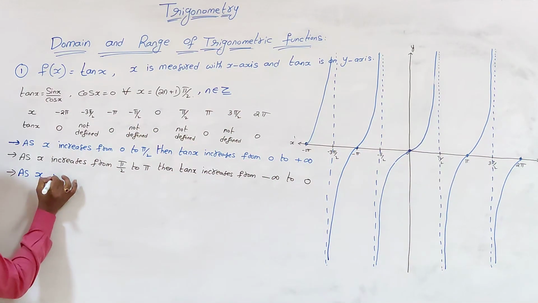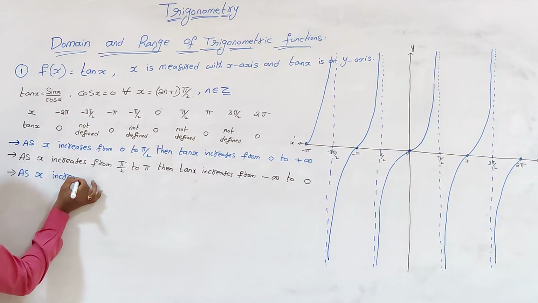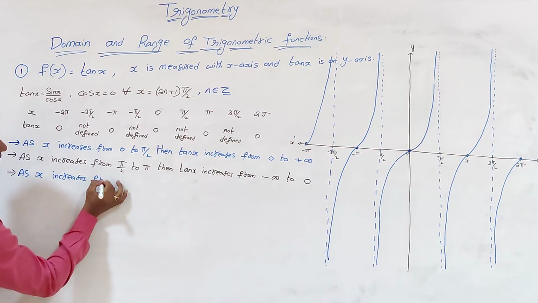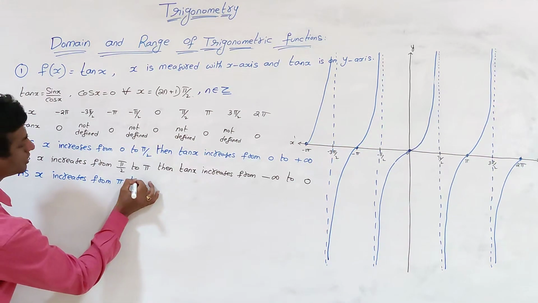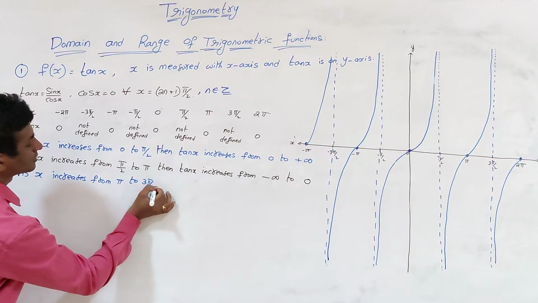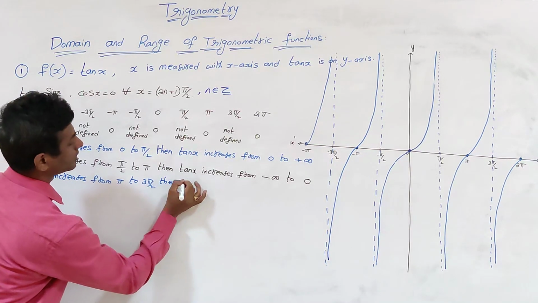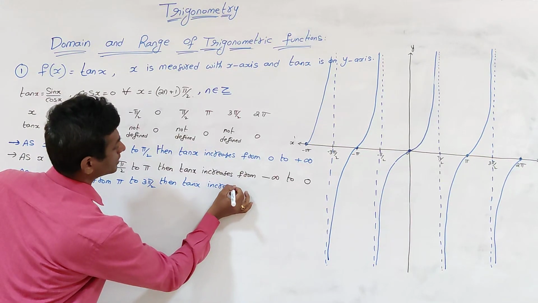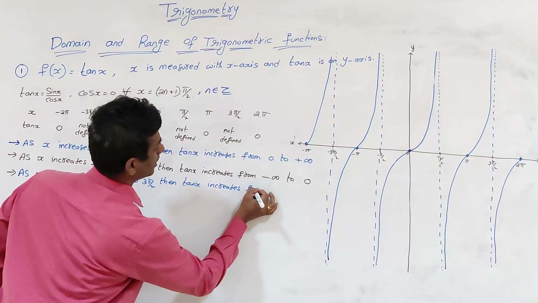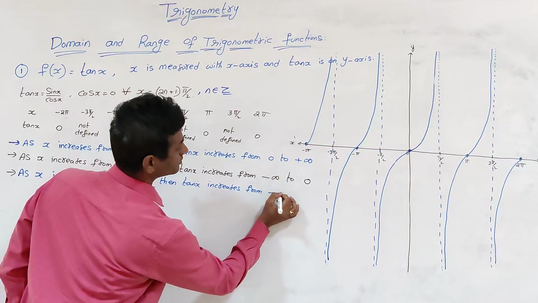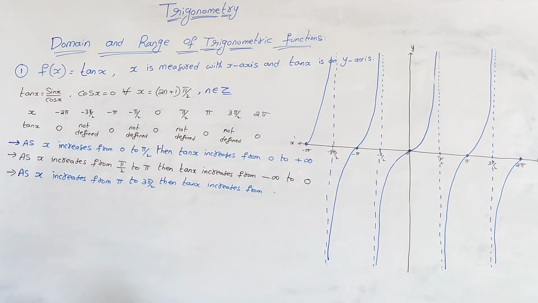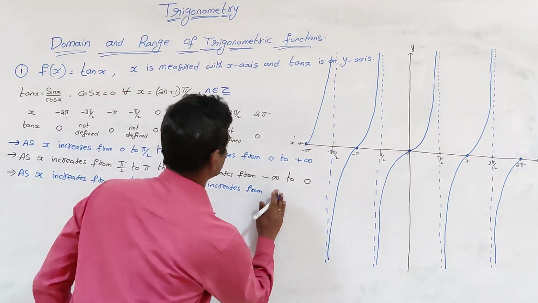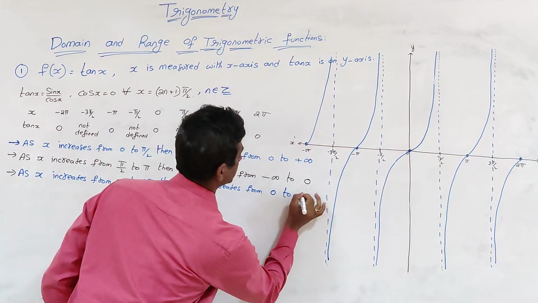As x increases from pi to 3 pi by 2, then tan x increases from 0 to plus infinity.